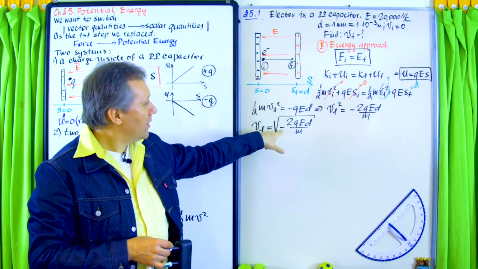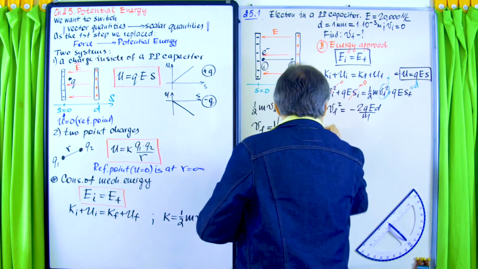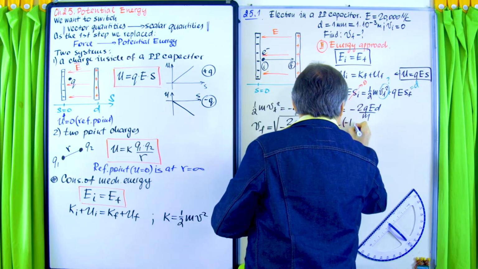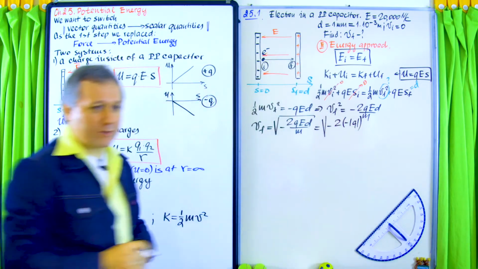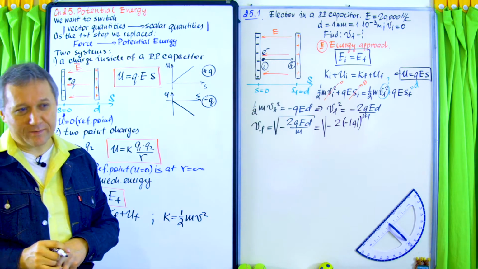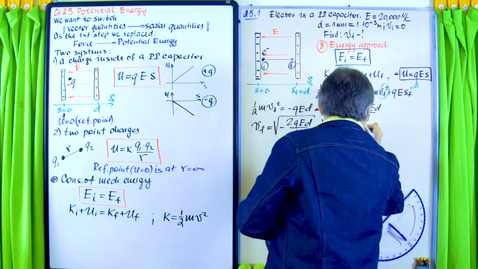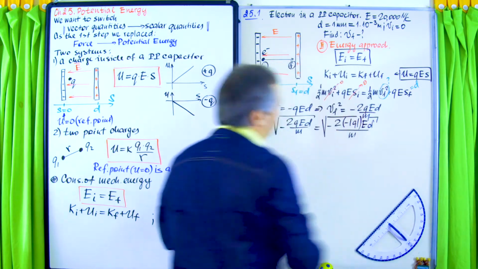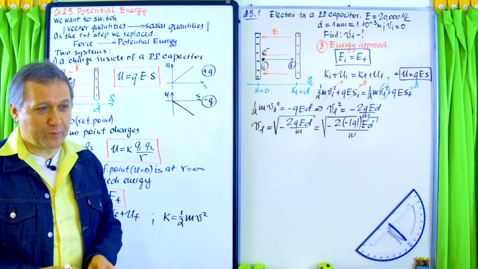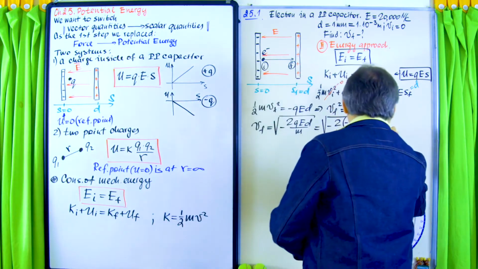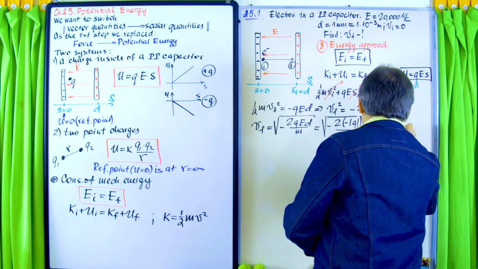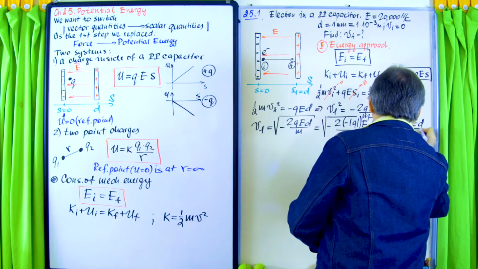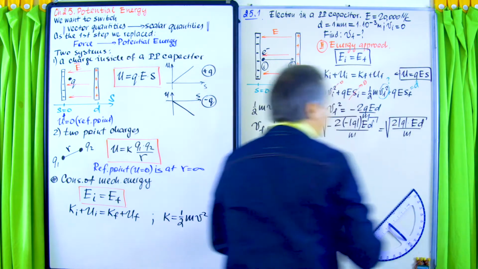So I can write it like this: square root of negative 2, and then minus absolute value of q, to explicitly show that minus, E d divided by m. As a result, we get the formula without any minuses: square root of 2 times the absolute value of the charge, E d, divided by m.